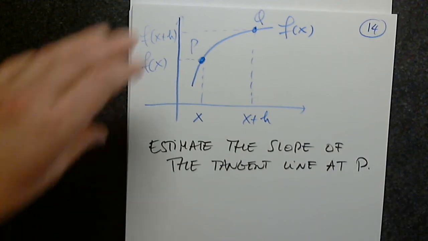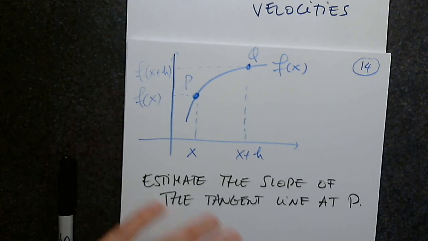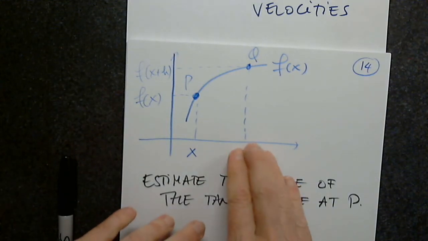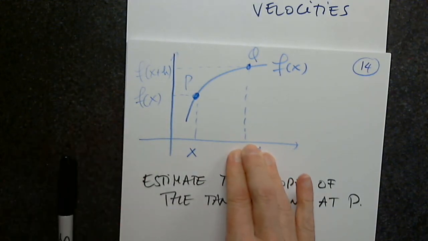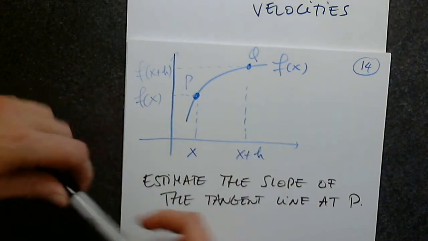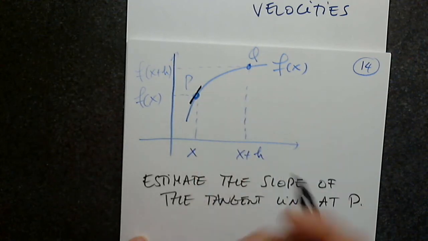We're going to work with examples in a moment, but I want to explain what we're trying to do. For now, let's assume that P and Q are not close. Let's assume that this is not x plus h, but whatever else. How do I determine the slope of the tangent line at this point?